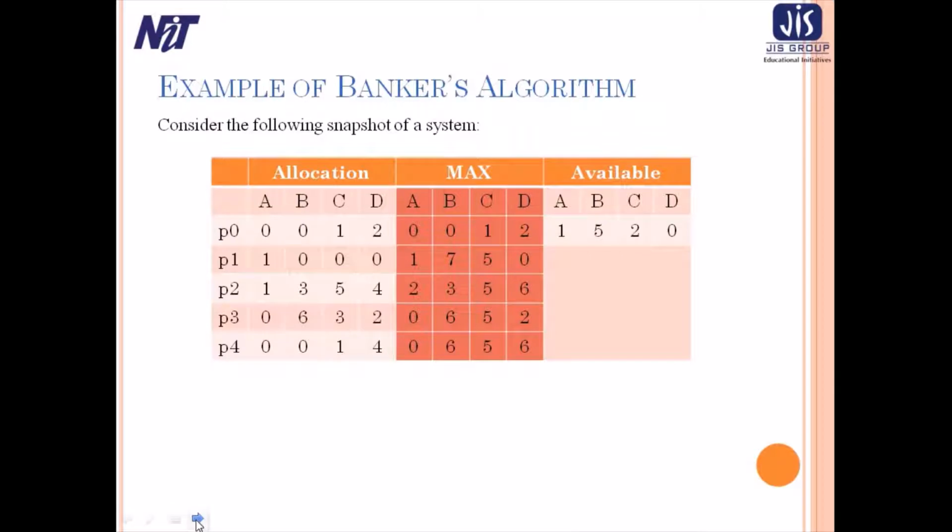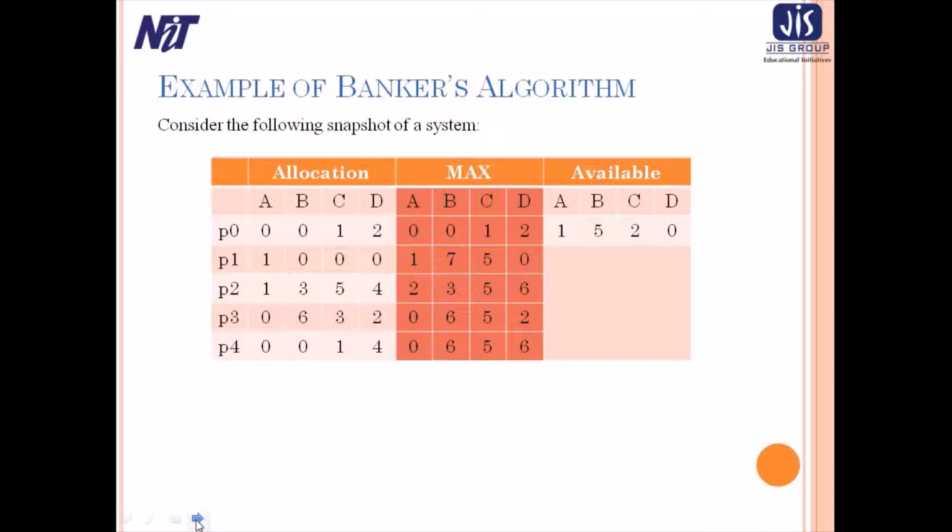For example, consider this snapshot. An allocation chart is given, a maximum chart is given, and the available resources in our system are already given. We use Banker's algorithm, which requires prior information about the maximum demand of each process.